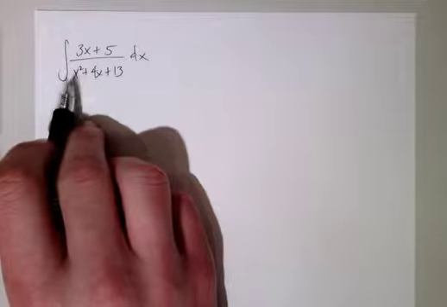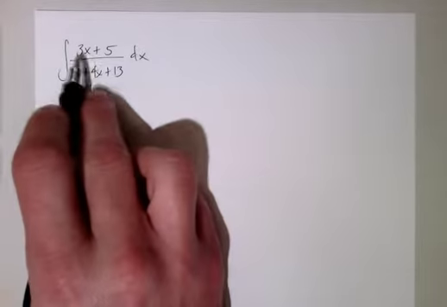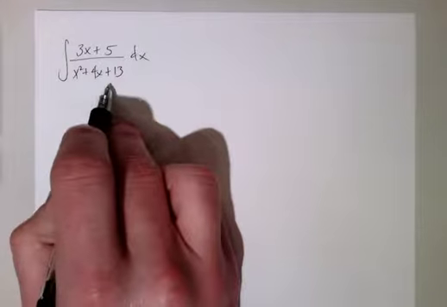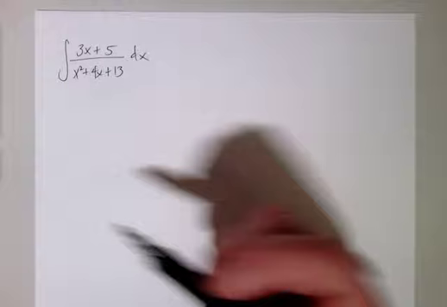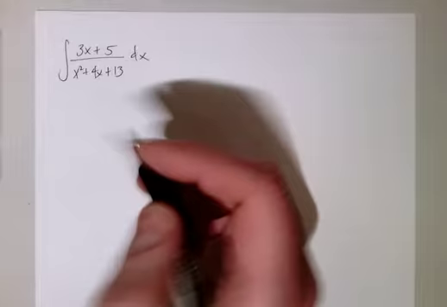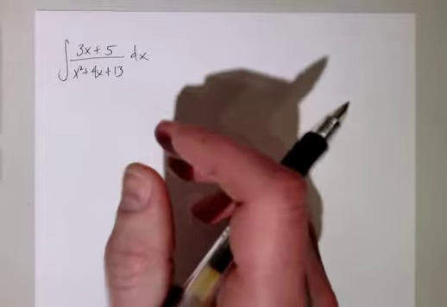Okay, so we see the fact that if I wanted this to be natural log, just straight natural log, I would need 2x + 4 in the numerator, or some multiple thereof.